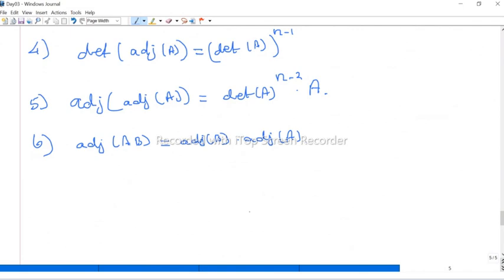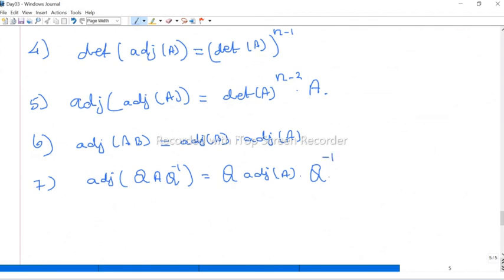Suppose we have a matrix of the form Q A Q inverse. Then we can take the adjoint inside. Therefore, we get Q times adjoint of A into Q inverse, for any invertible matrix Q.